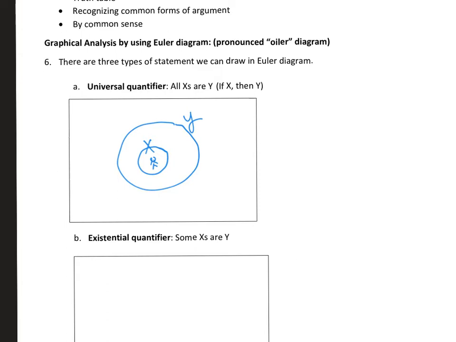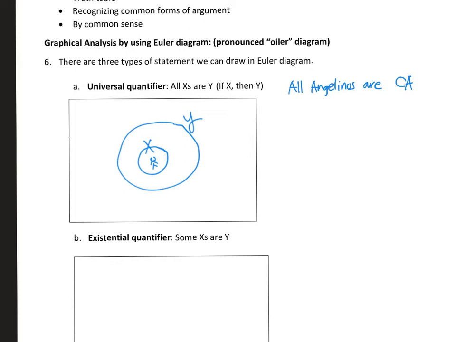This also corresponds to the statement if x then y. That means if you're x, then you're automatically y. That means if you're inside x, you're automatically inside y. So for example, all Angelinos are Californians, right? If you live in LA, basically you live in California.